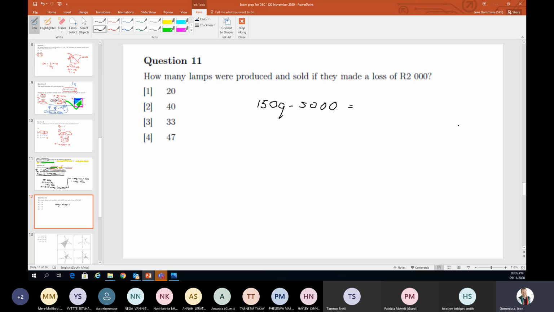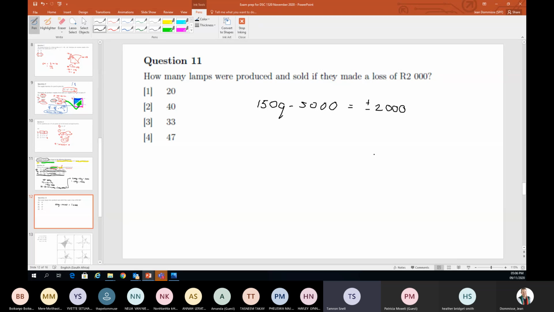So what will it be? Will it be equal to plus or minus 2,000? Because for the plus there will be an answer, for the minus there will be an answer. So plus or minus 2,000.